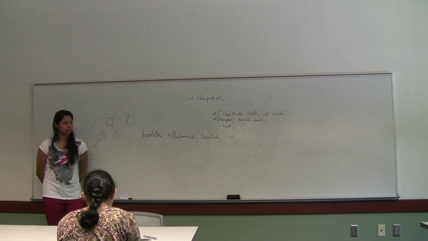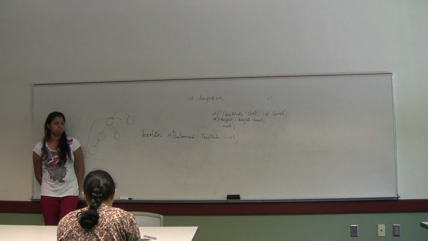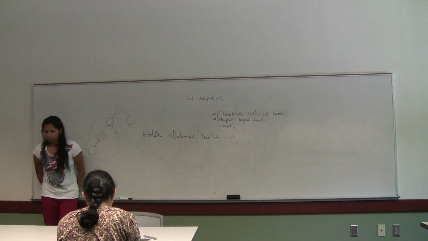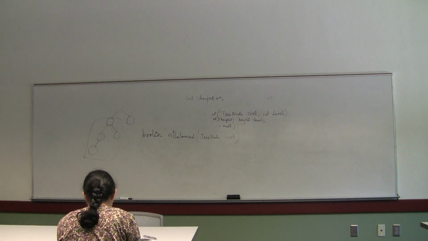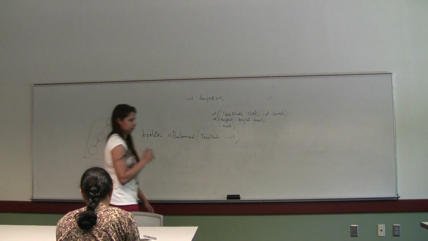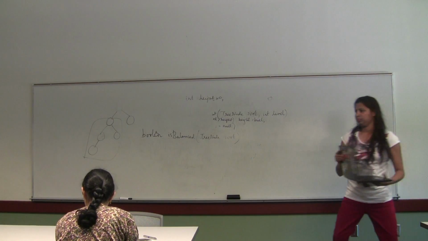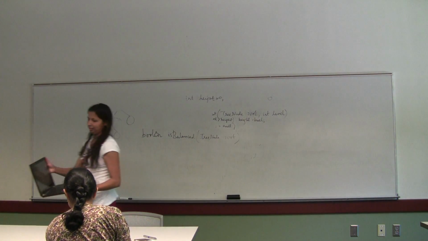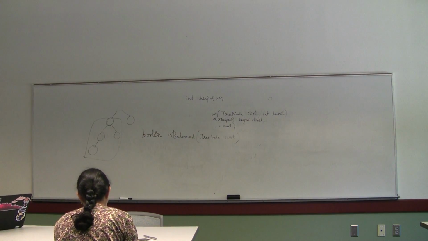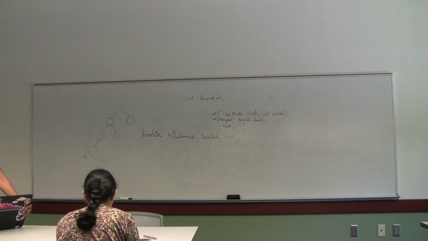Actually, not yet. So you should fill the tree as you go, and make sure that there's at least one in every level. So fill the tree. This is null.